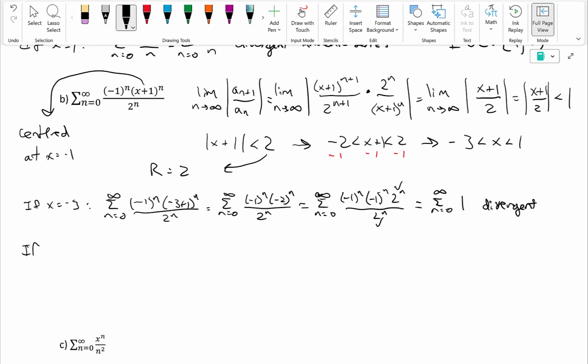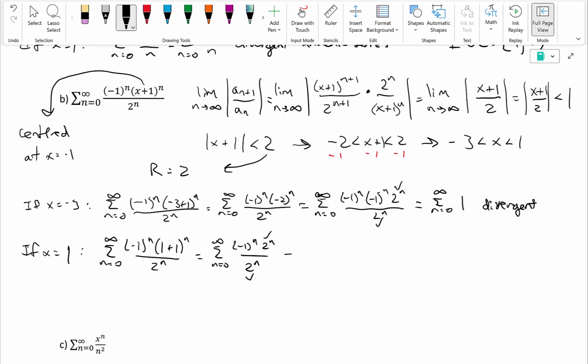And if x equals +1, we get something of the form summation n equals 0 to infinity of (-1)^n times (1 plus 1)^n over 2^n. Or our summation n equals 0 to infinity of (-1)^n times 2^n over 2^n.